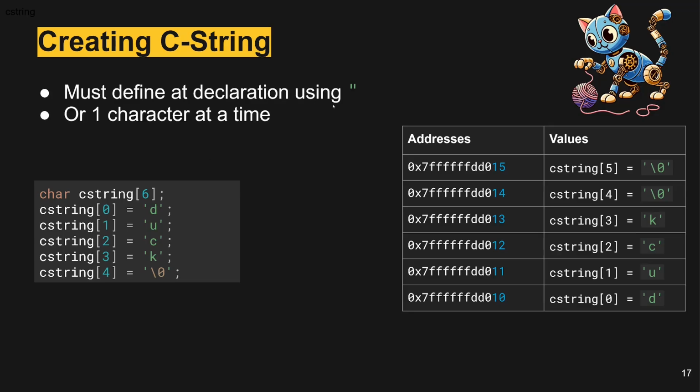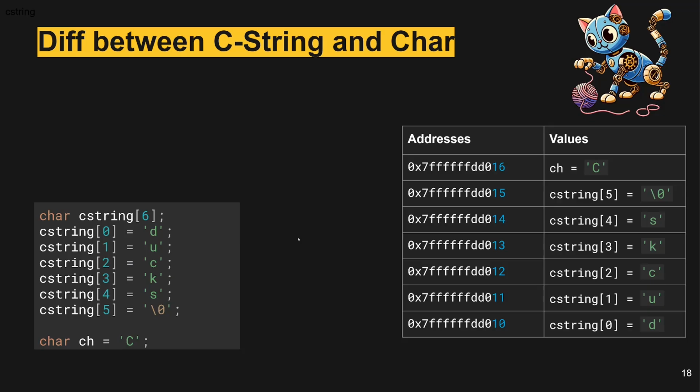So the declaration, when we did it that way, used double quotes, but we can also do it this way, one character at a time, but again, it must end with that \0, and when we do it by character, we have to be explicit and add it ourselves. However, when we do a declaration with the double quotes, it will add the \0 automatically for us.